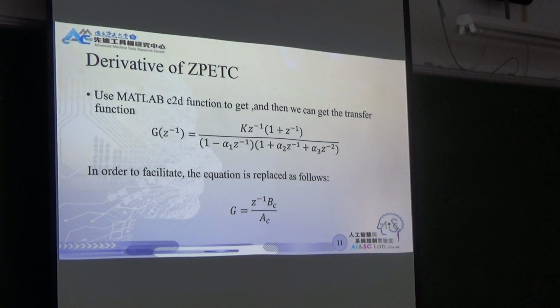I mean IP and PI. The PI has this equation, it has an unstable zero, but the IP controller eliminates the zero.